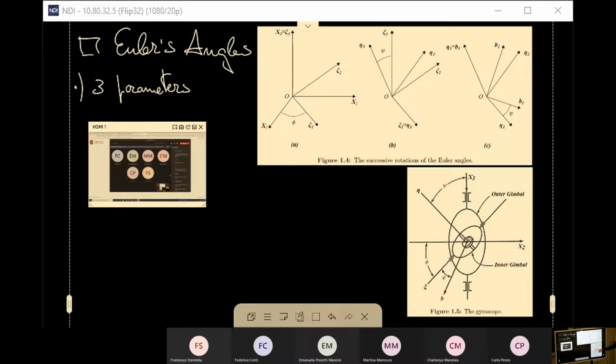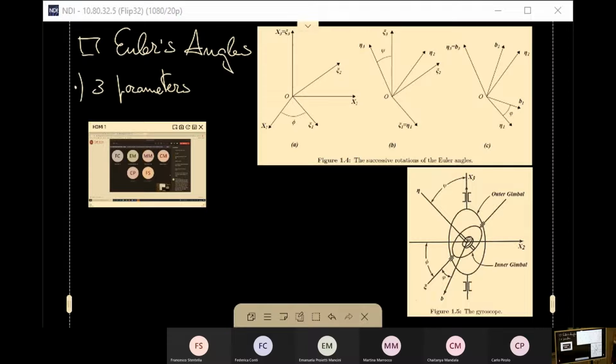And this means that the final orientation of the object which is inside can be described, which is physically really understandable, as a succession of 3 rotations of these 3 circles which are one inside the other, and each one can spin about one axis. So we have another gimbal, an inner gimbal, and then there is the object which can spin.